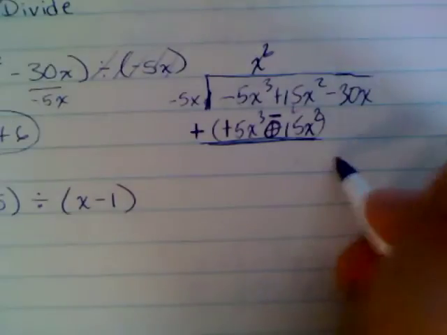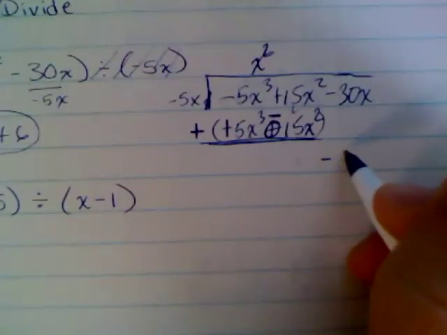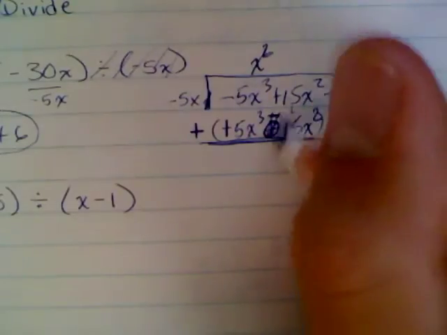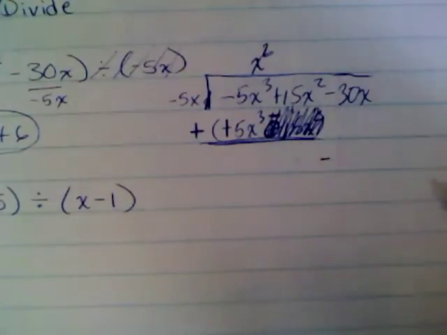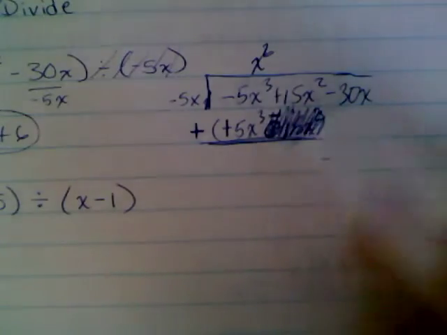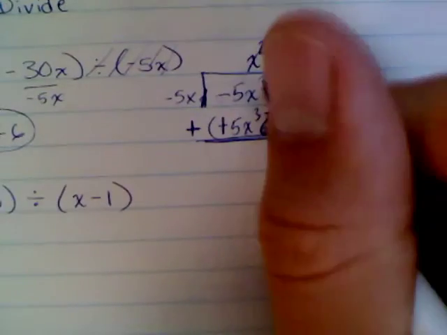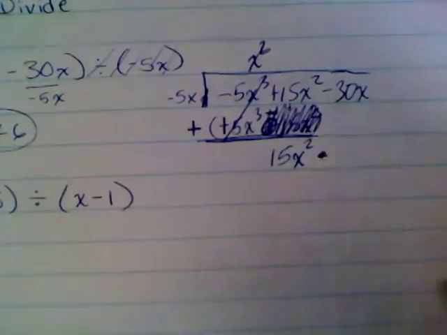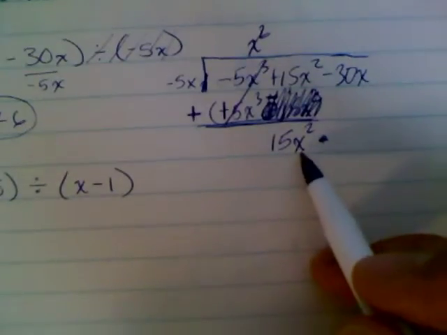So I have 0 minus, I'm sorry. I got ahead of myself here. What we're going to do is we're going to add here. That gives me 0, like I wanted, and then I drop the 15x squared. Sorry, it's been a while since I looked at it. So there you go, 15x squared.